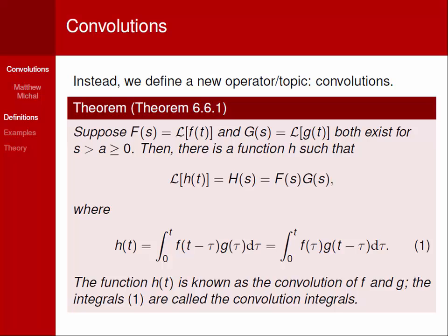Notice we are multiplying little f and g and integrating them in this manner: t minus tau and tau, or tau and t minus tau. It doesn't matter which one you choose. They're the same. If you do a u substitution, it literally is the same thing. So always choose the one where you put the t minus tau into the most opportune place.